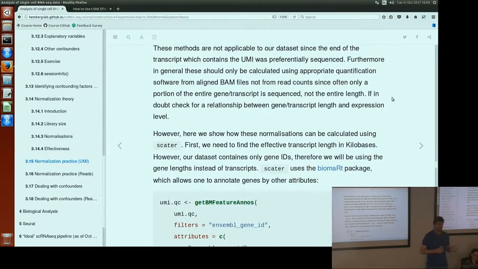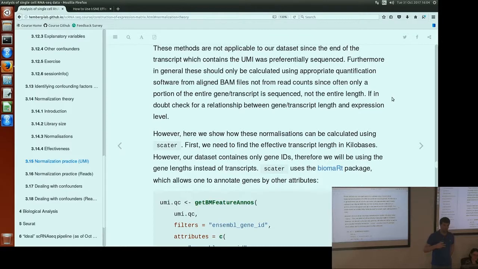So in this particular data set, these are not applicable, since the end of the transcript which contains the UMI was preferentially sequenced, so we don't have reads coming from the full length of the transcripts. And these are also things we generally don't want to do ourselves. These values should be calculated using appropriate quantification software, either from raw FASTQs or from aligned BAM files.